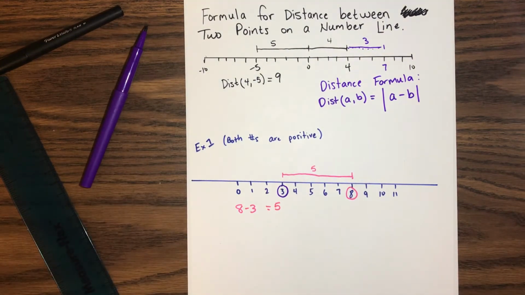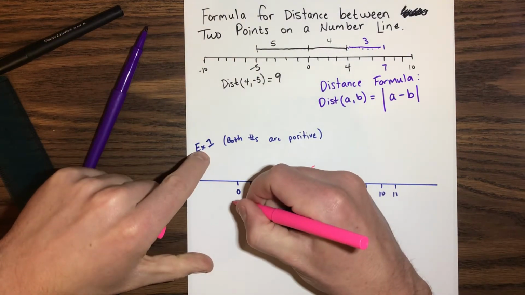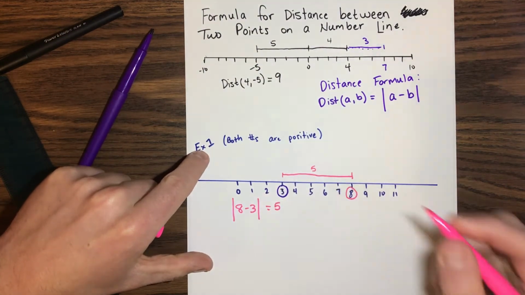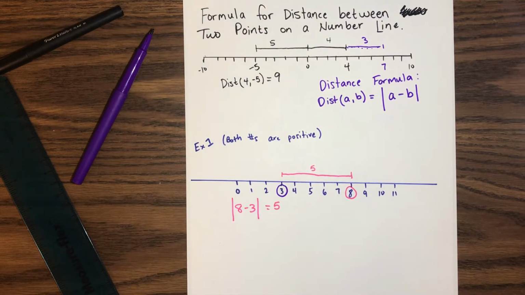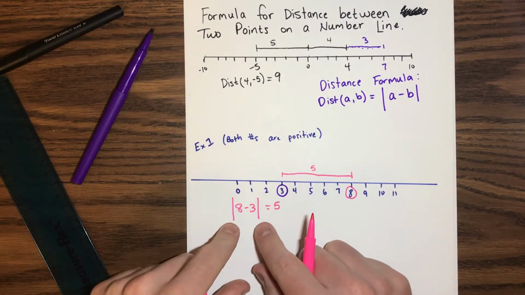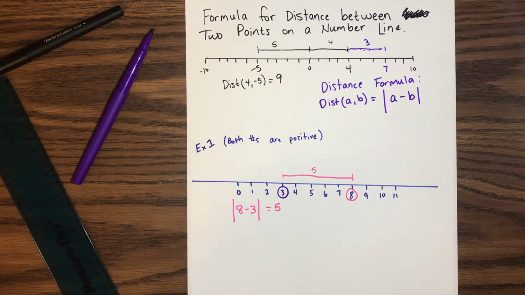But it turns out that when we look at some of the other cases, it's important that we always use these absolute value bars. Because this one turned out positive for us anyway. 8 minus 3 equals positive 5, which is good. We want a positive number because we're talking about distance, and there's no such thing as negative distance. But we always put the absolute value bars on there anyways, because not every case always turns out automatically positive for us.